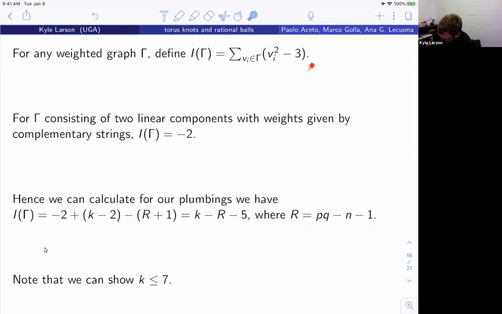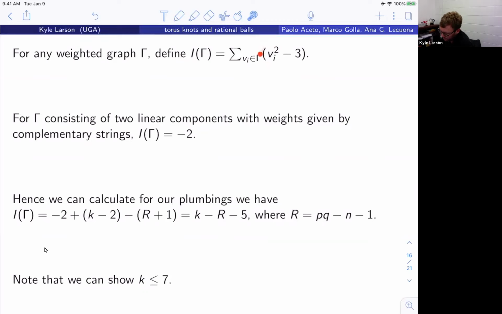Okay, so this quantity appears in Liska's work, and the way you should think about it is that the more negative I is, the harder it is to embed into the standard lattice of the same rank. The reason is that, in this context, we're assuming the weights are always at least 2. So we have some plumbing, the weights are all at least 2, and the only way this can be negative is if we have a vertex of weight 2, right?